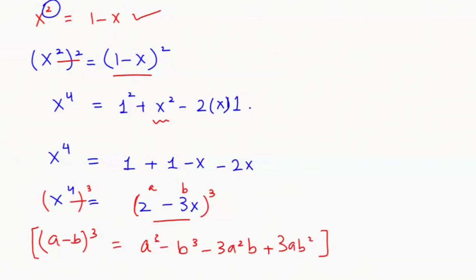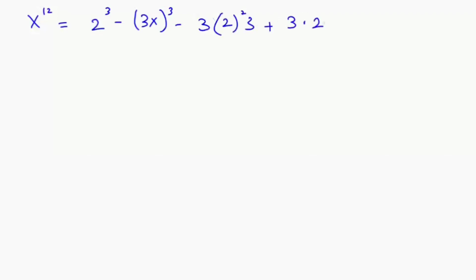So this equation turns to x to the power of 4 times 3, which gives us 12, is equal to the a value we have, that is 2 cube, and then (minus 3x) whole to the power of 3 minus 3, and here I will write the a value, that is 2 squared, and b we have, that is 3x, plus 3 times 2 and (3x) whole to the power of 2.